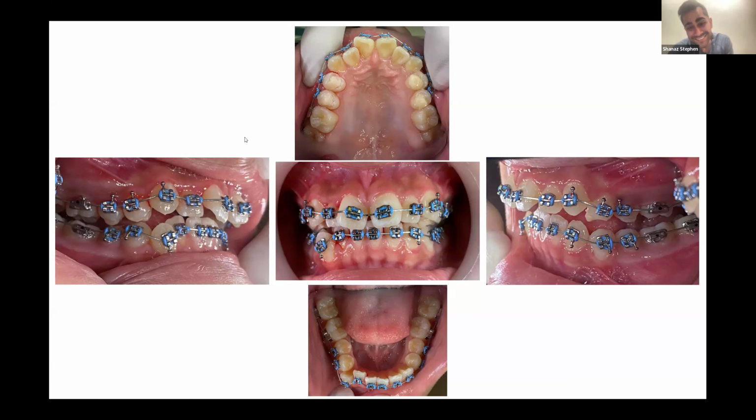Okay, so just an example case that I do have following up on. As you can see, I have just a frontal retractor, but I have a different colored retractor here.